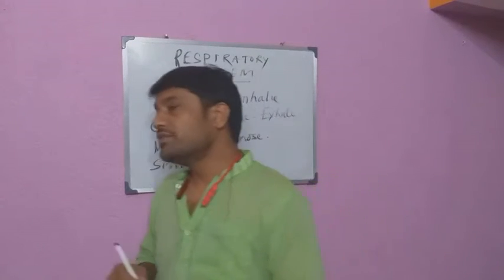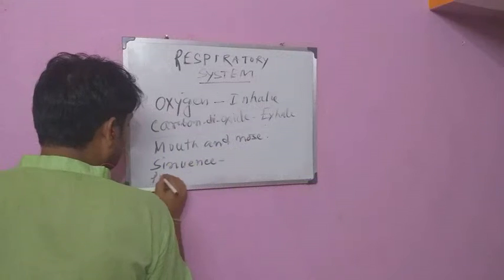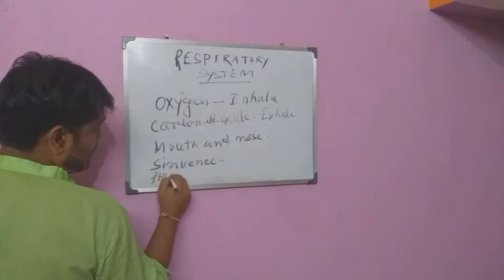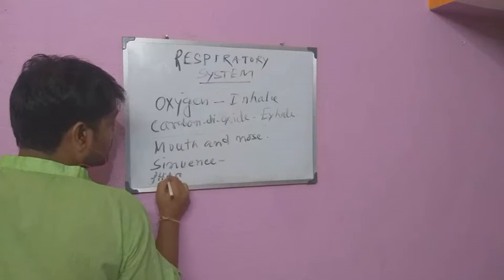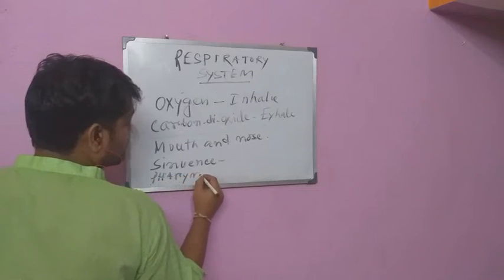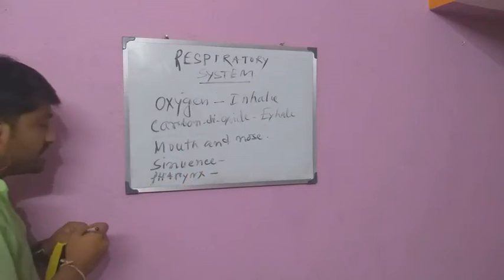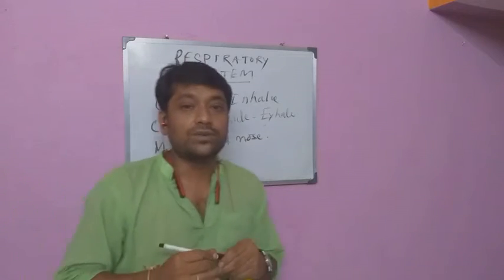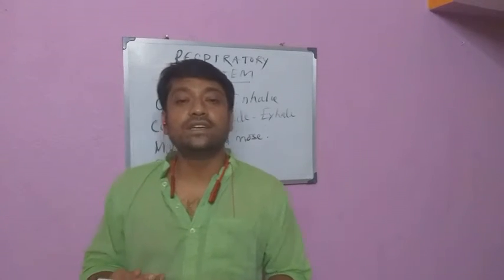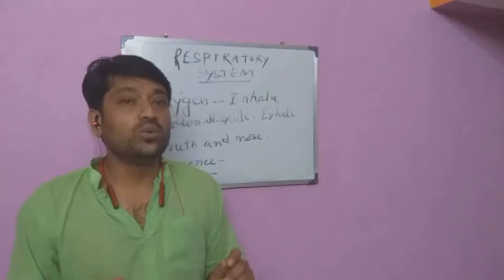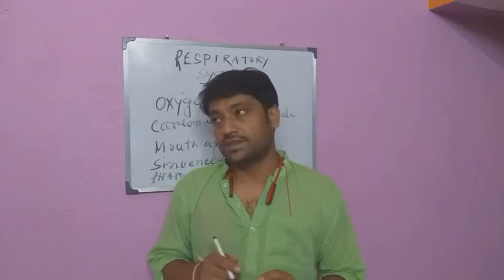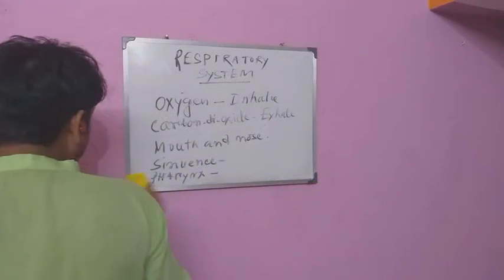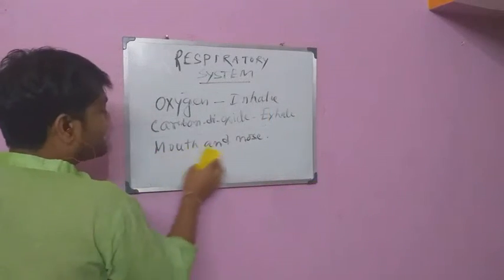And next one, pharynx. Pharynx means throat, the tube that delivers air from your mouth and nose to the trachea, the windpipe. Okay, and next one, trachea.